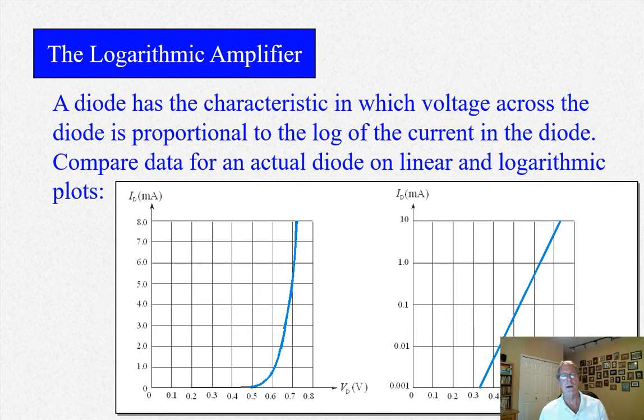The next kind of amplifier is a logarithmic amplifier. Again, this is another good example of the operational part of operational amplifiers, performing a mathematical operation. A lot of times we need to do what's called dynamic range compression and expansion in signals.